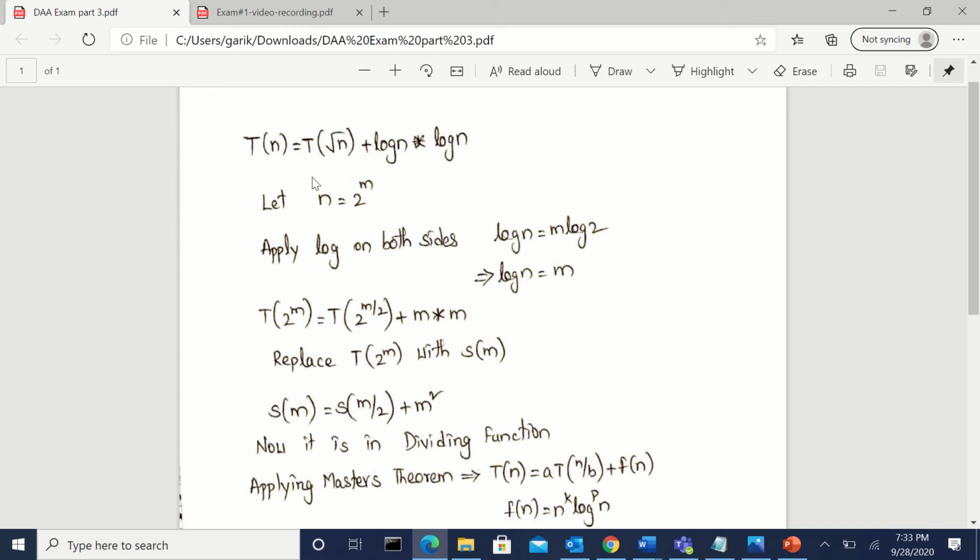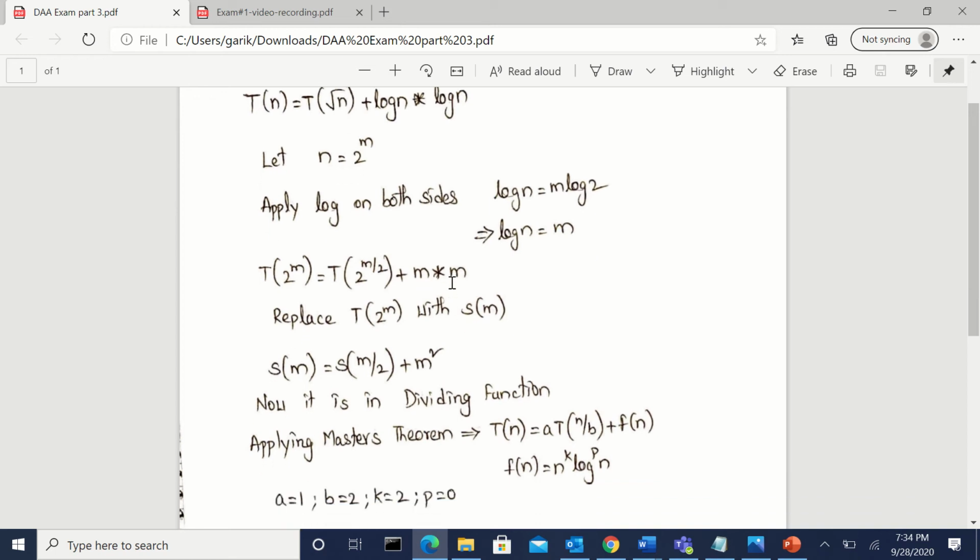Here I have substituted 2^m for n. T(2^m) = T(2^(m/2)) + log n, since root n is n^(1/2). So the value becomes 2^(m/2) plus log n, and we replace log n with m.